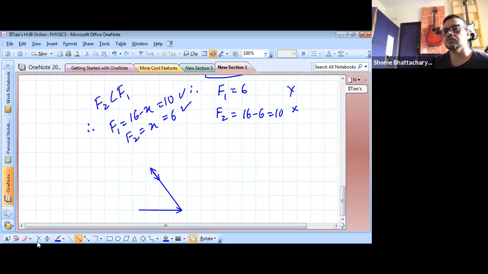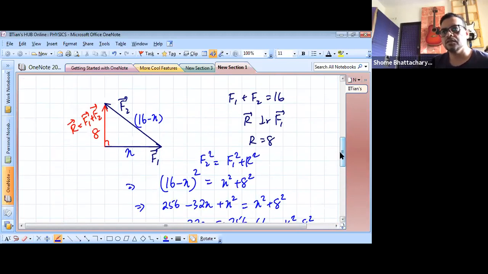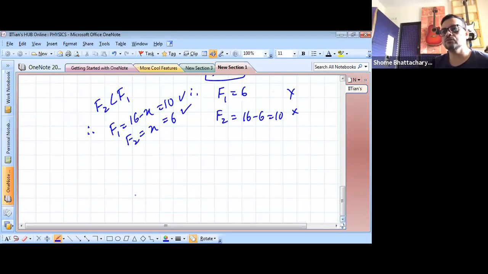Actual triangle, just a moment. F2 is the smaller of the two forces, and the resultant is perpendicular to it, so in that case the resultant is perpendicular to F2.